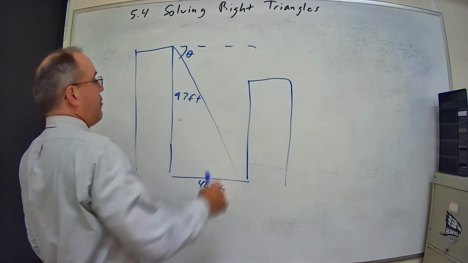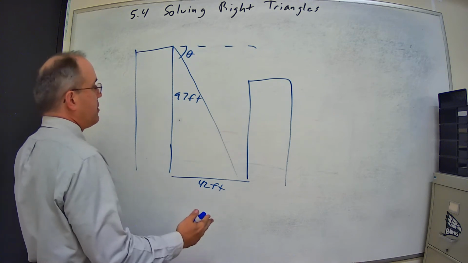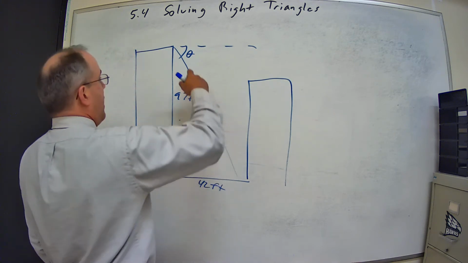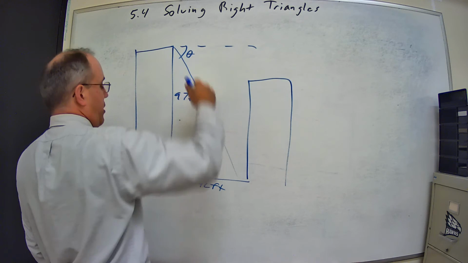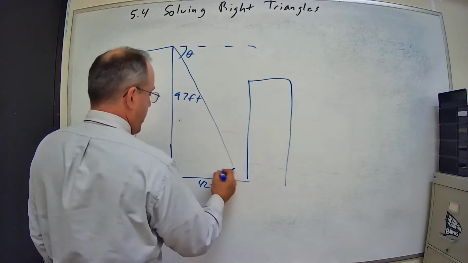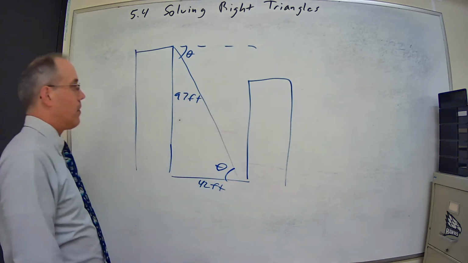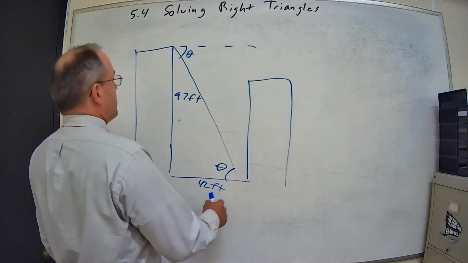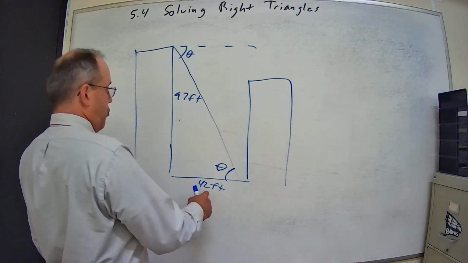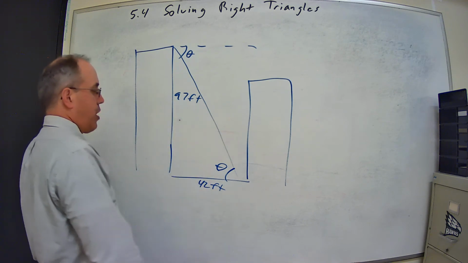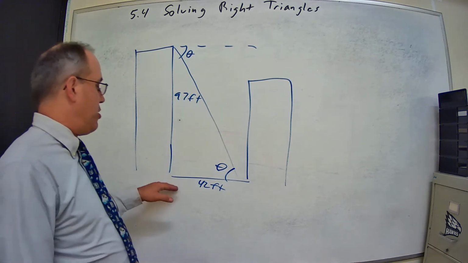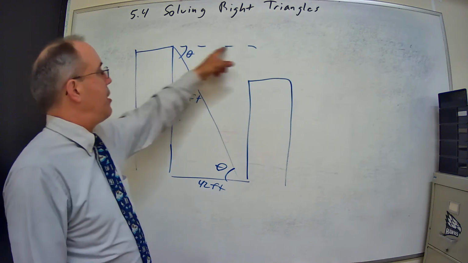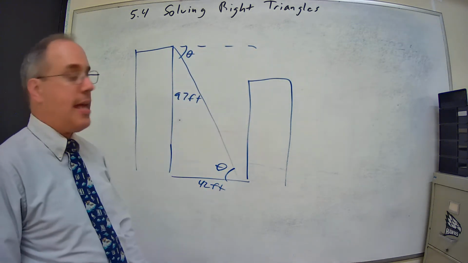Well, if we look at this, we should realize that this angle here is the same as that angle there. Which means that we have two sides of this triangle, or we could say that we know that this distance is the same as this distance here if we were to create that triangle.